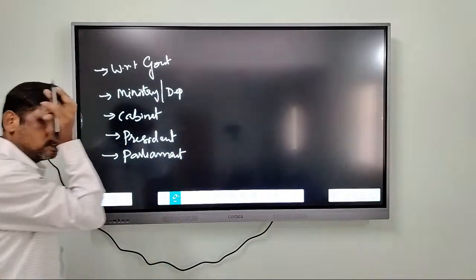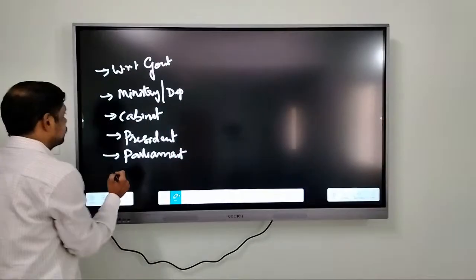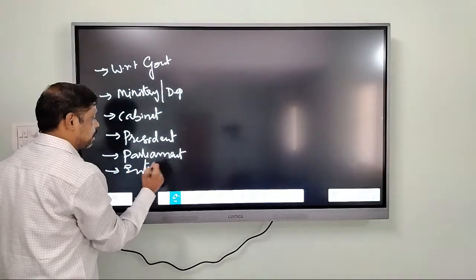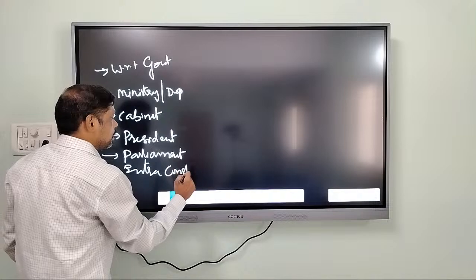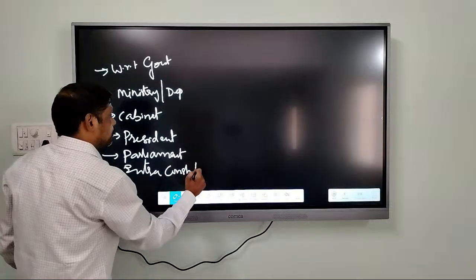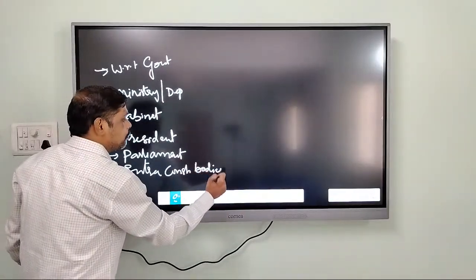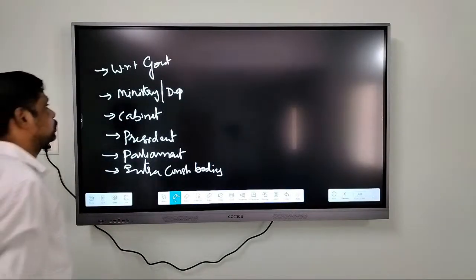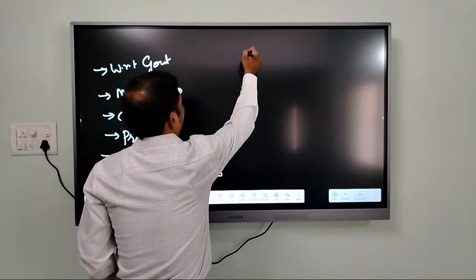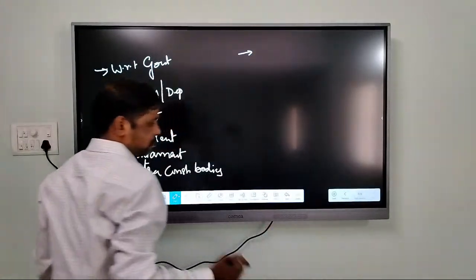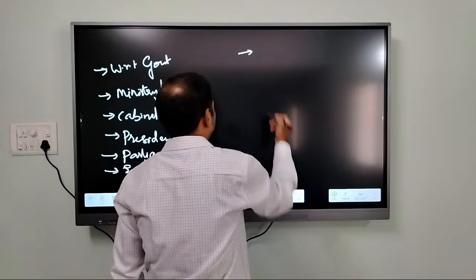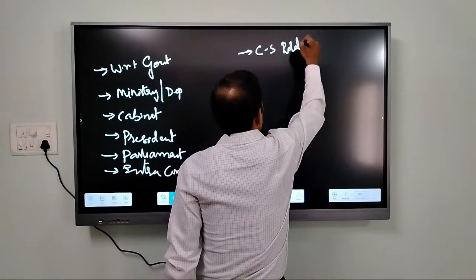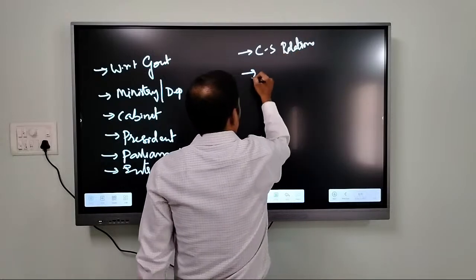There are also extra constitutional bodies placed under the Prime Minister, for example the Prime Minister's Office, PMO. And with respect to center-state relations.